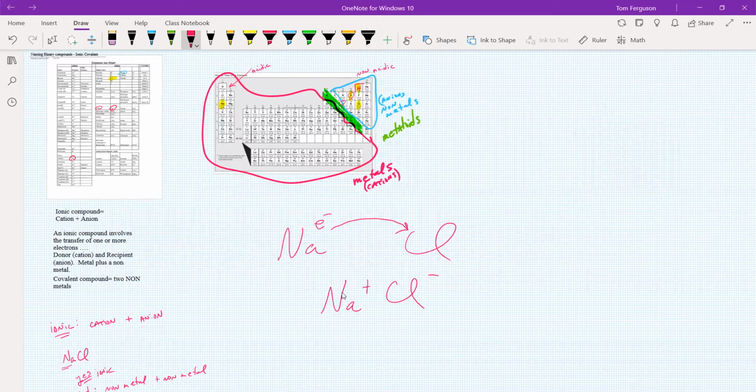So this now becomes an ionic compound. There's two ways to look at ionic compounds. The first is see if the first part is a cation. If it is, then check to see if the second part is an anion. If it is, it qualifies. Or metal plus nonmetal. Now the periodic table is mostly made up of metals.